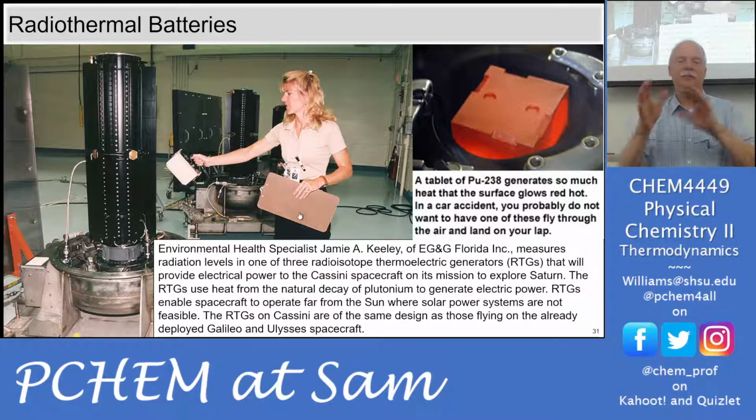And so they use what are called Peltier cells to generate voltage from heat differences. So that's a radiothermal battery, or the thermoelectric effect. You just have this device that if you put a voltage on it, you can pump heat from one side to the other side. And if you have heat going from one side to the other side, it'll generate a voltage.